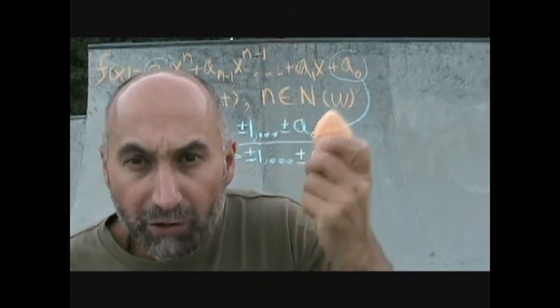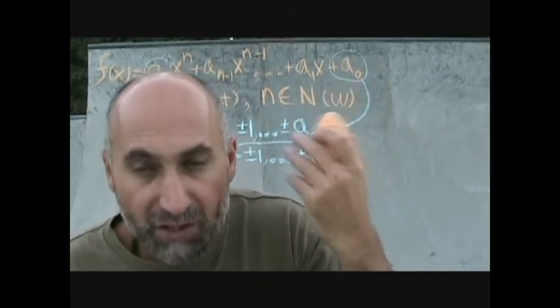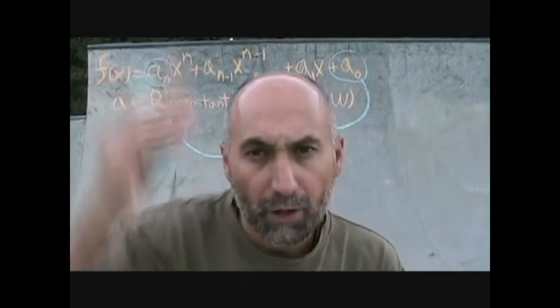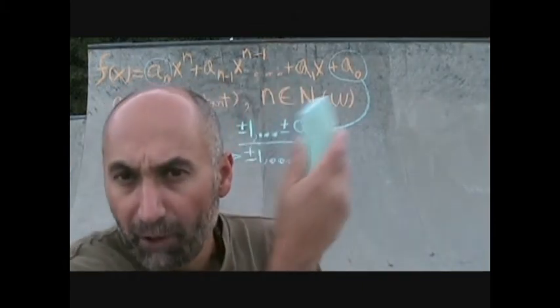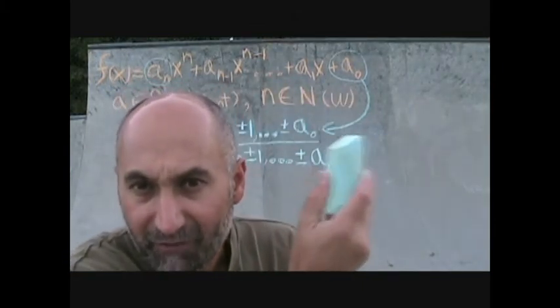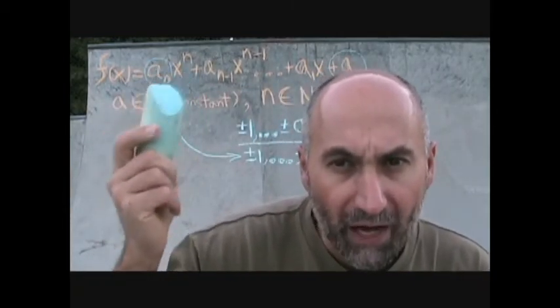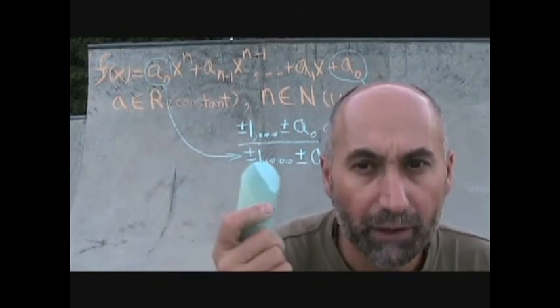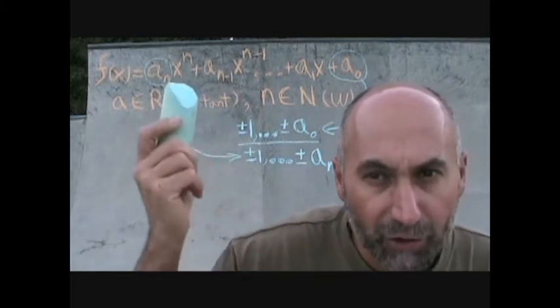So you try possible factors of this first, and if those don't reduce our original polynomial to something to the power of 2, then we try the possible factors of this guy divided by possible factors of the coefficient in front of the highest power. The possible factors of that one are, again, plus or minus 1 and whatever else, plus or minus a sub n, whatever the coefficient is.